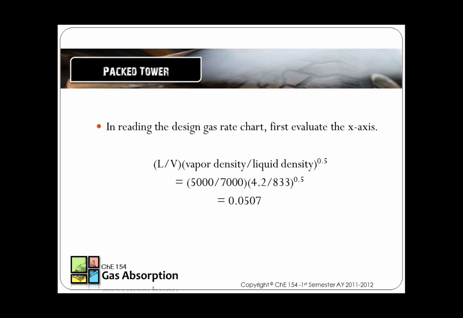Substituting 5,000 and 7,000 kg per hour for the liquid and gas mass flow rates, 4.2 kg per meter cube for the gas density, and 832 kg per meter cube for the liquid density, we get 0.0507 as our value for the x-axis.